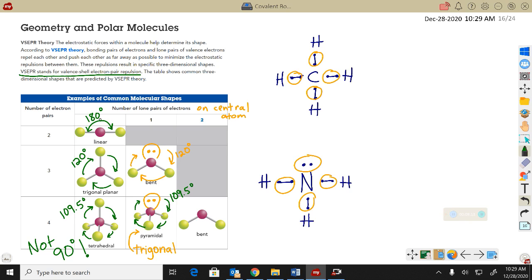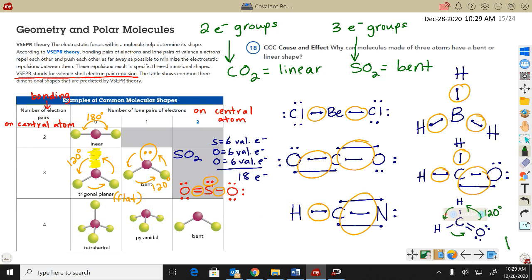Oh. And so we got to just be careful when we see a formula. Like here I see the formula NH3. But previously we had this guy over here, the BH3. The formulas look exactly the same.